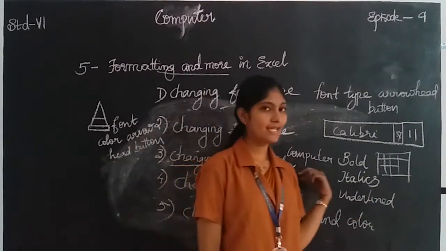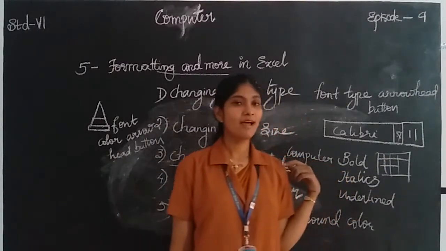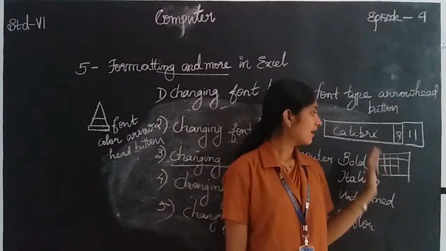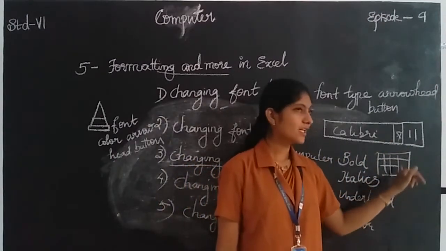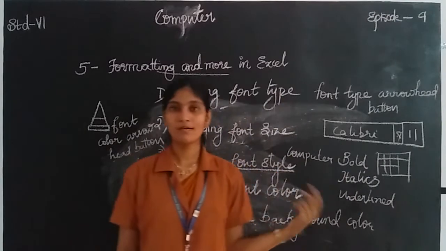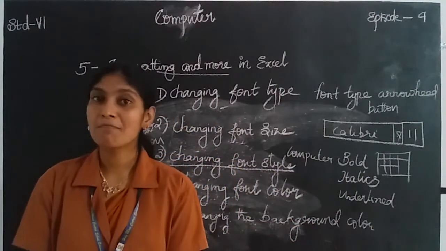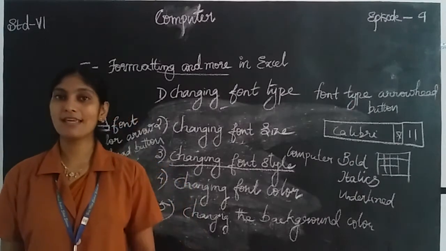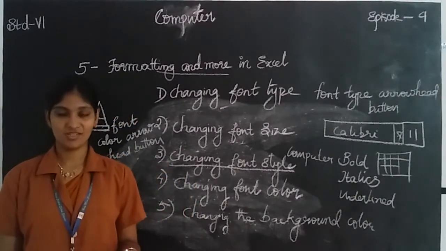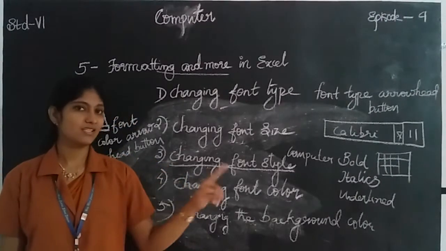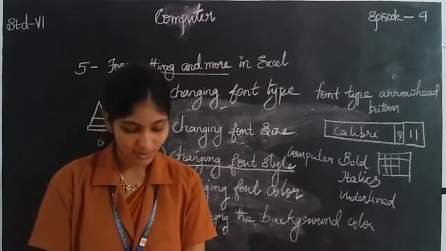So you can select the background color and then finally the background white turns to, for example, red, yellow, orange, etc. That is changing the background color. You can change the background of the worksheet.